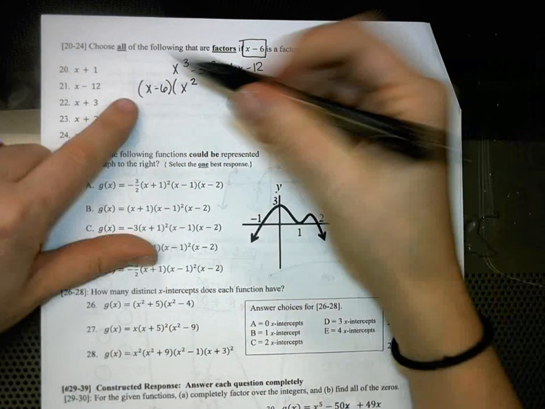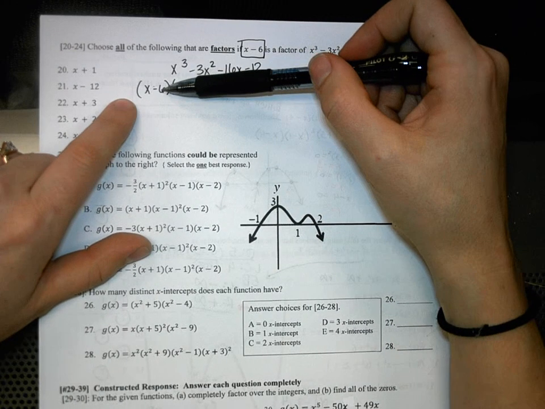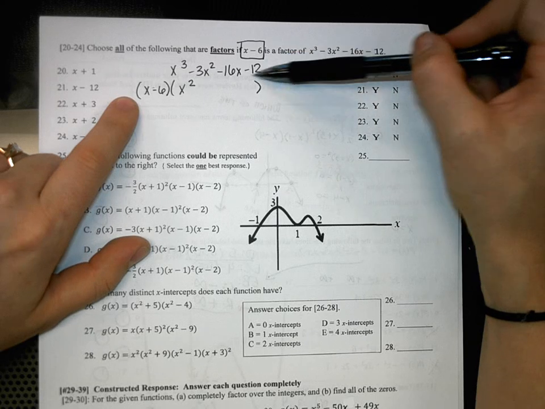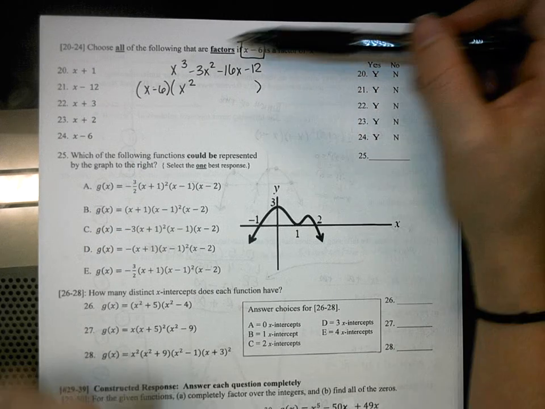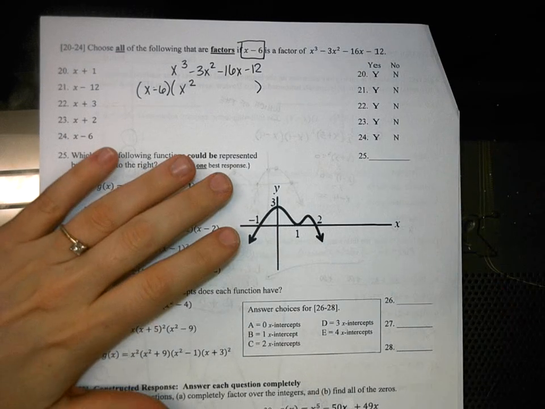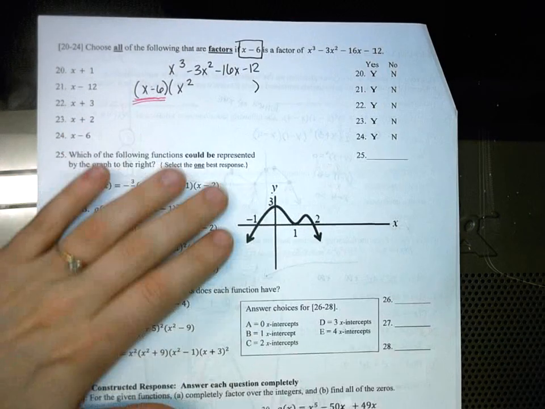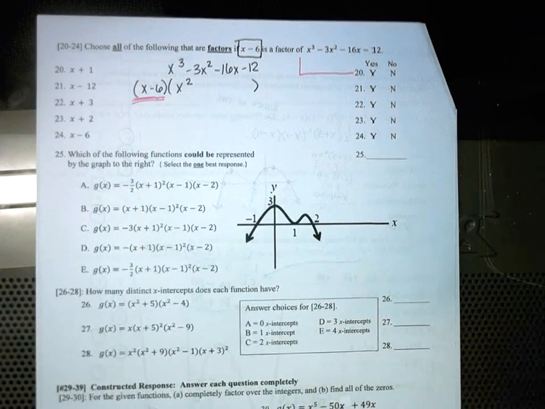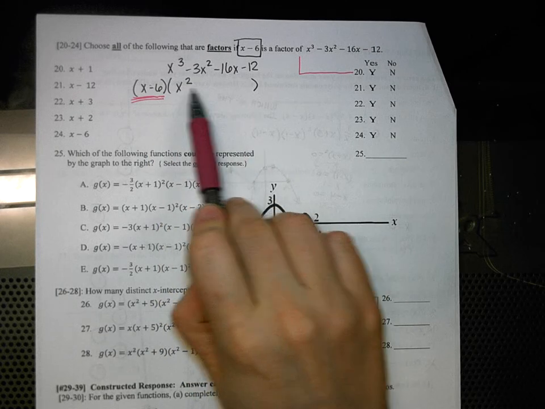I can do some other deductions based off of what kind of numbers need to be inside here to get a negative 12 maybe. And there's a lot of things that can help me, but if you're ever given a factor, you can use either long division or synthetic division to divide that factor out in order to determine your second factor.